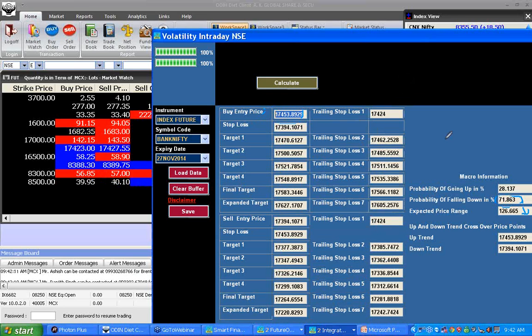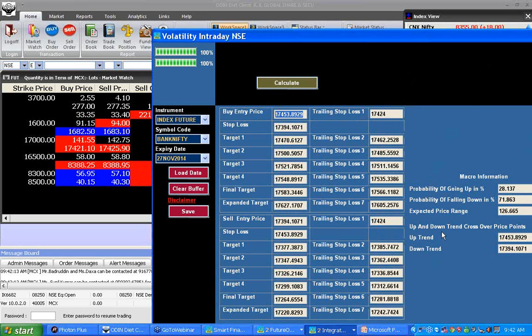So given that the probability of falling down is more, you are still getting a chance to buy, as 54 has given you a breakout. In this situation, what to do? I repeat once again, the probability of falling down is more and you are getting a chance to buy.